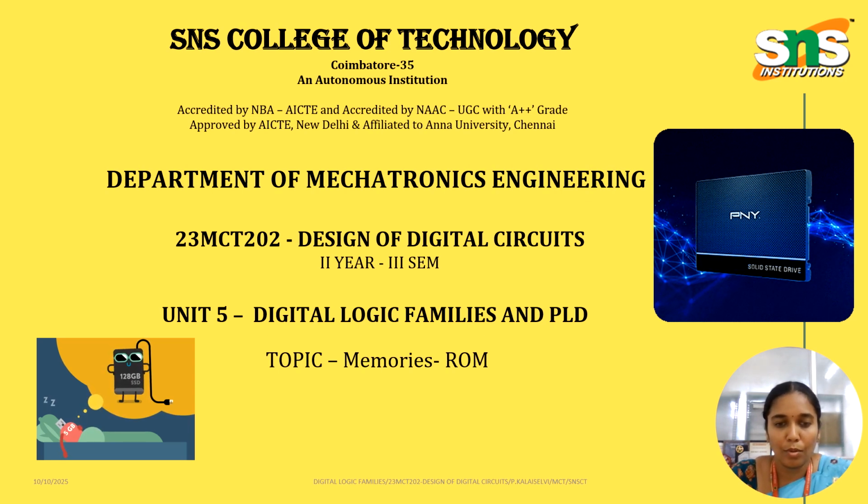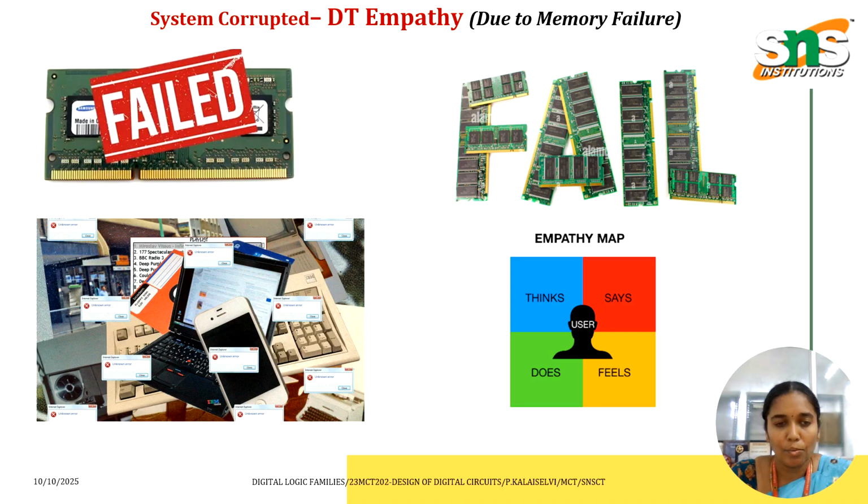Before going to this topic, let's recap our previous session. We already discussed this in the empathy part. The system corruption is mainly due to memory failure. If we are not correctly managing the memory system, the system can be corrupted.